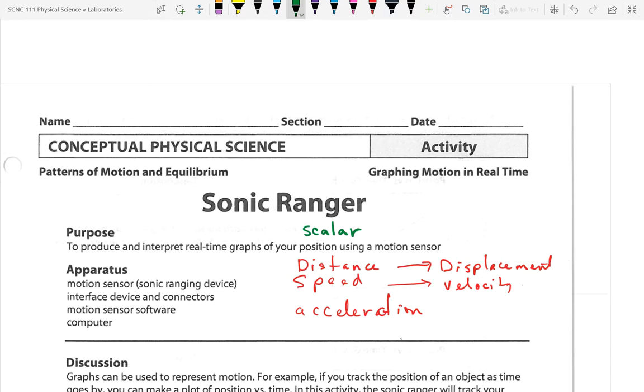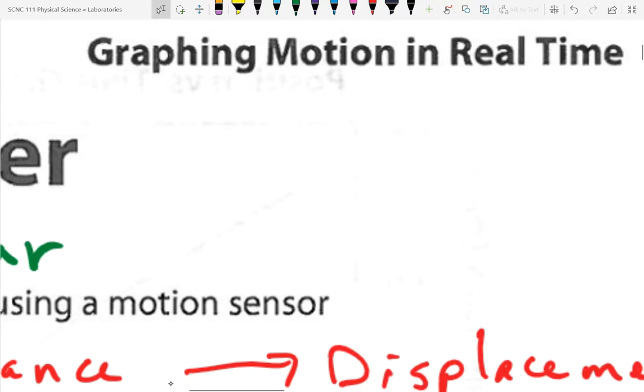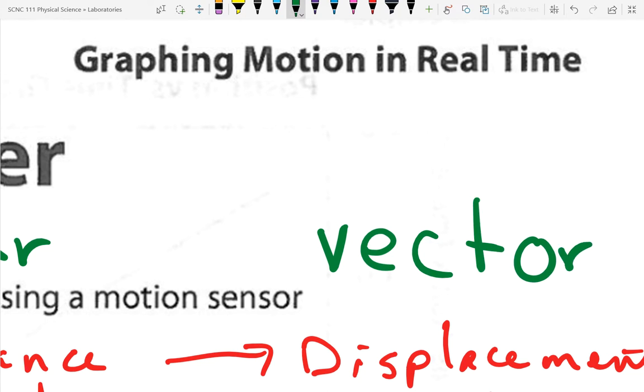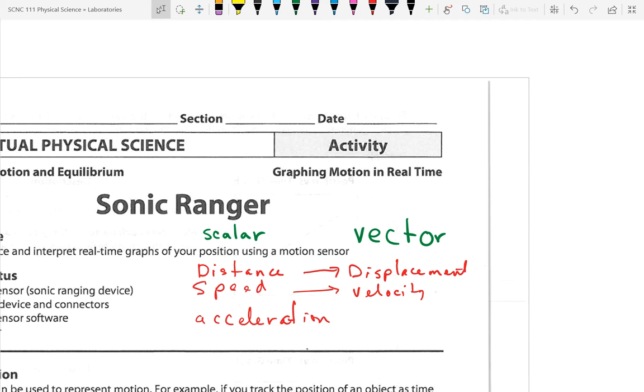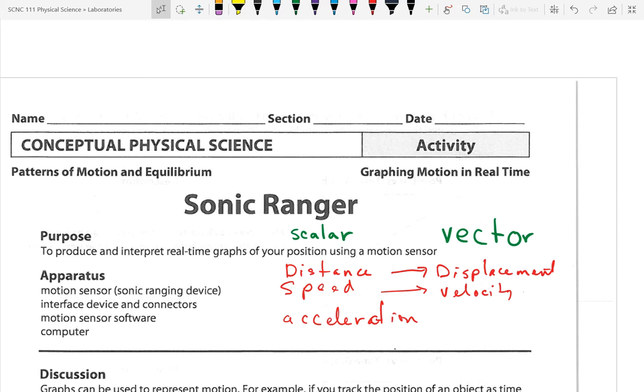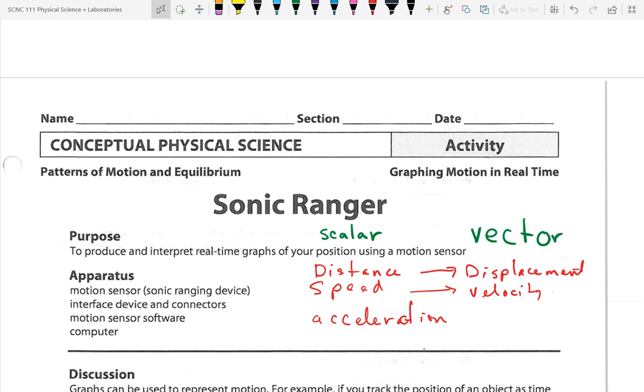In contrast to this side here, which are vectors, which means they do have direction. So the difference in a scalar and a vector is having direction. And so displacement was a vector, whereas distance was a scalar. Velocity is a vector, whereas speed is a scalar.